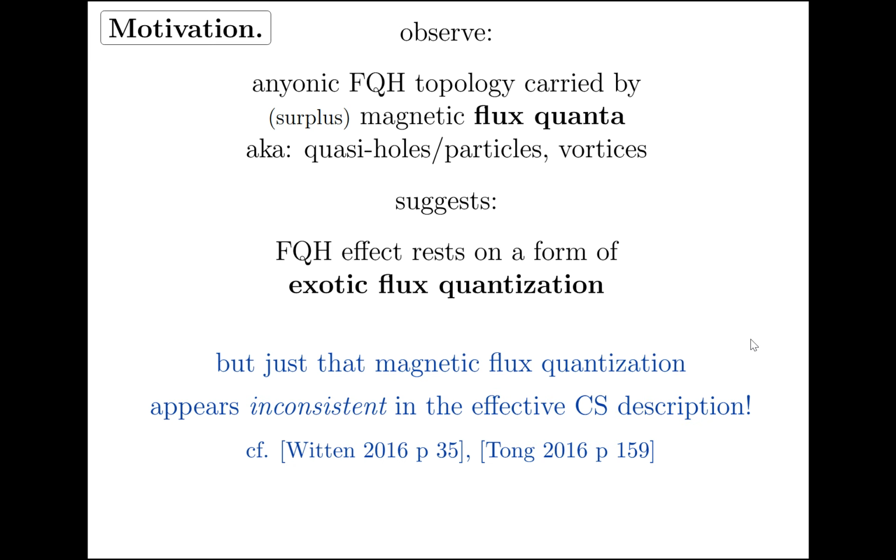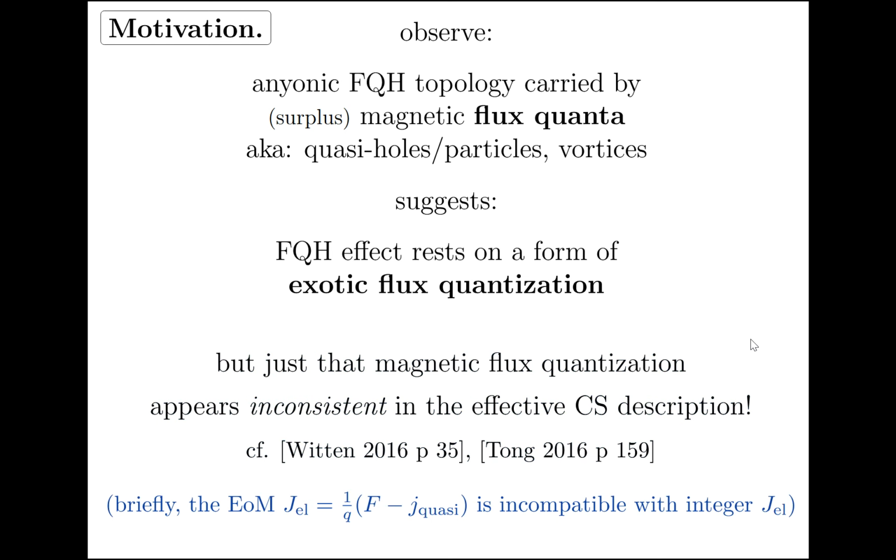But magnetic flux quantization actually appears to be inconsistent in the effective Chern-Simons description that has been used for many years now. This is not hard to see. It's rarely highlighted, though. It has been highlighted in lecture notes by Edward Witten in 2016 and David Tong, who both point out that there's this problem. They wave their hands a bit about how to just proceed with it anyway. But on face value, Chern-Simons theory is not actually compatible with the standard Dirac flux quantization.